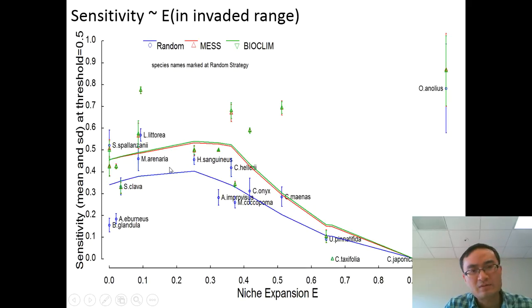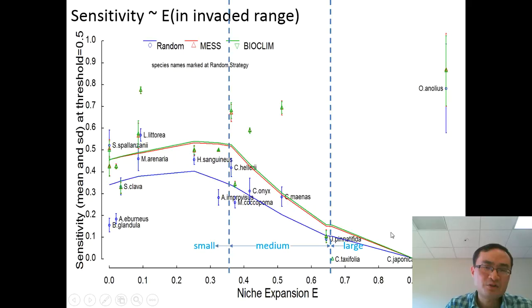Second, there are 3 regression lines representing the 3 pseudo-absence selection strategies. It shows that regardless of the pseudo-absence selection strategy, the prediction performance in the invader range gets worse as the niche expansion index increases.